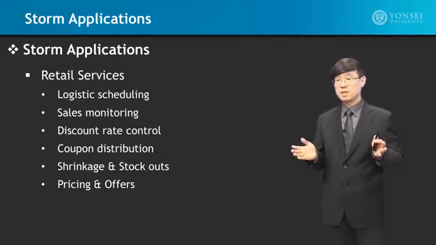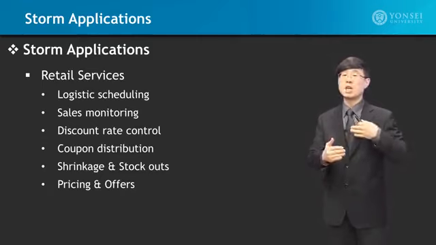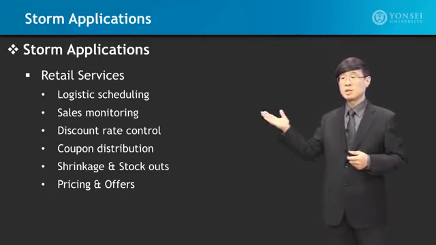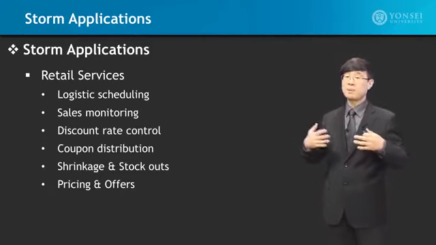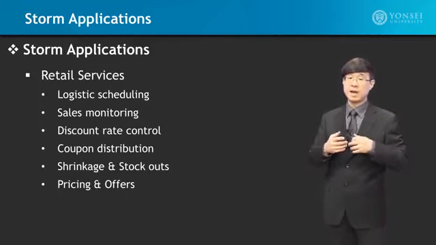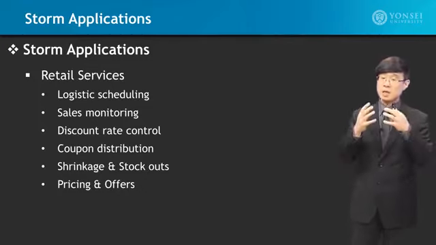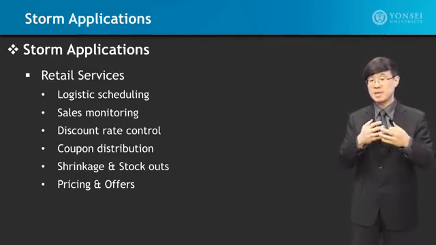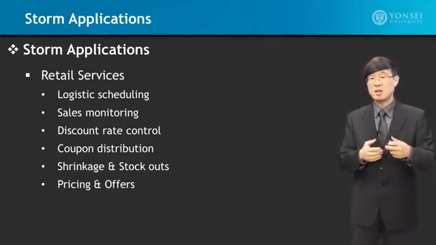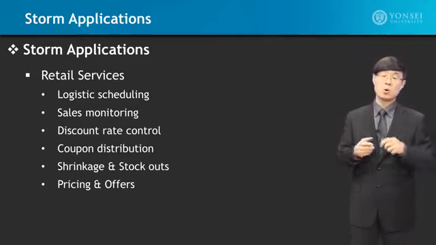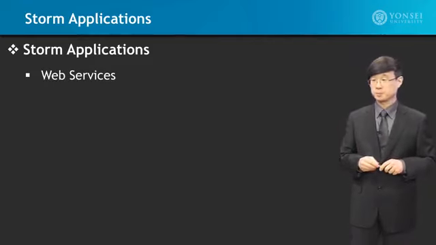All of these, as you can see, need very fast updates and can change very rapidly because retail services are happening over the world in real time in so many different places. To monitor and include all the changes, all the new transactions and sales that are going on, Storm can support that very well.